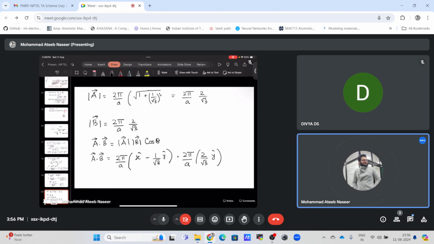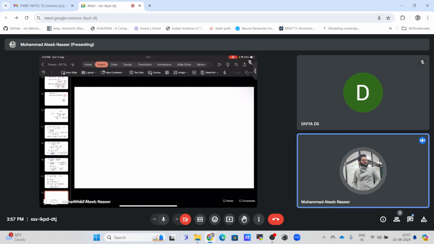Okay, so if we do the dot product, it would simply be 2 pi by a whole square times minus 2 by 3. Yes, this is the value of this dot product. Now let's name it equation 1, and let's name this equation 2.